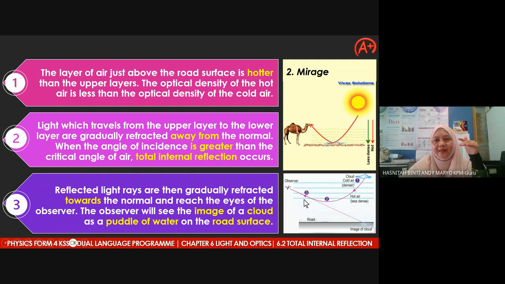Then the light enters the eyes of the observer, so we will see the image of the cloud appear on the road surface as a puddle of water. So this is mirage, a very important phenomenon involving total internal reflection.